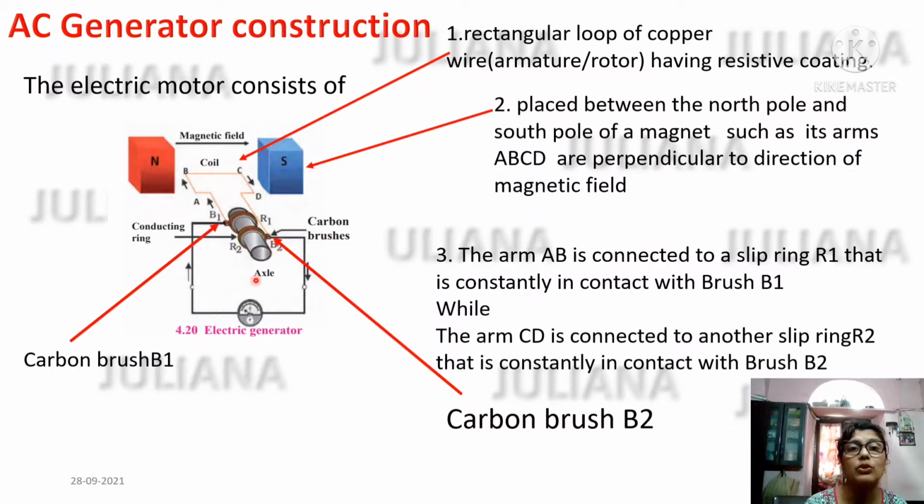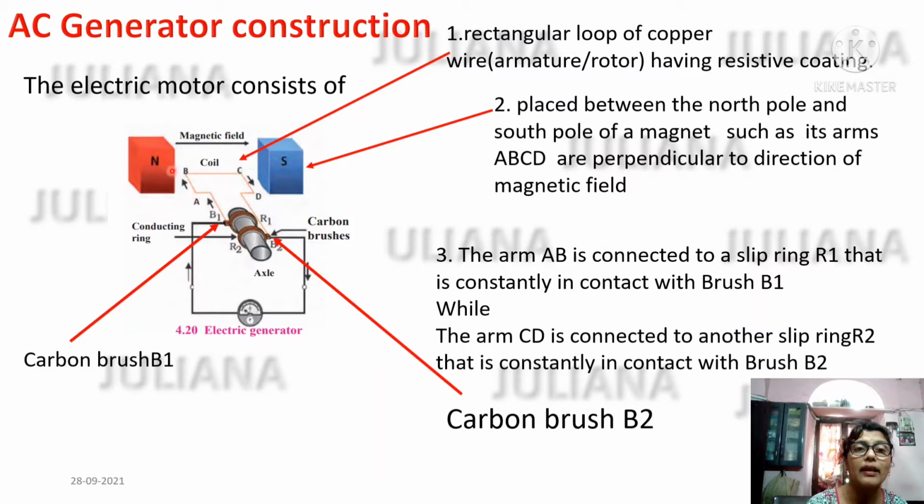They're just brushing. So as it rotates, the contacts will not change. The contacts will always be the same. So at any point, the arm CD will always be attached to ring 2 and brushing against the brush B2.